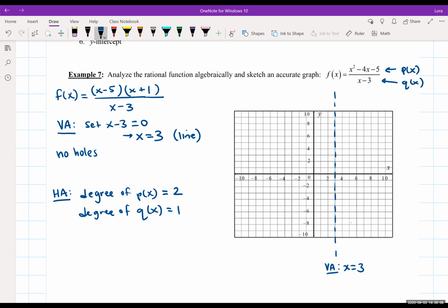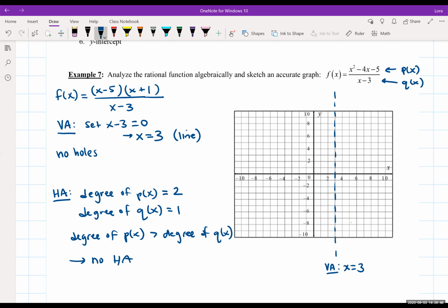When you compare the two degrees, we notice that the degree of the numerator is higher. Restating it so you can see: the degree of p of x is greater than the degree of q of x. So what this tells us is there's no horizontal asymptote. We definitely want to say no HA, or sometimes you can write none.